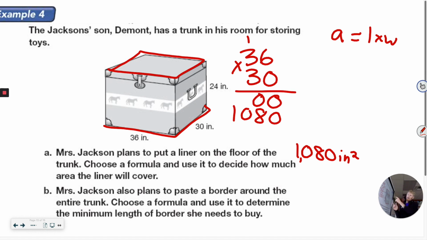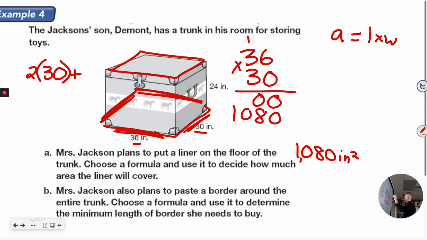So I know that the length around the bottom would be the perimeter. And I have 36 and 30. So I have 30 here and 30 on the other side here, right? So I could do 2 times 30 plus, I have 36 here and 36 along the back here, so plus 2 times 36. All right, and then that would give me the total amount of material I would need to make that bumper around the entire outside.